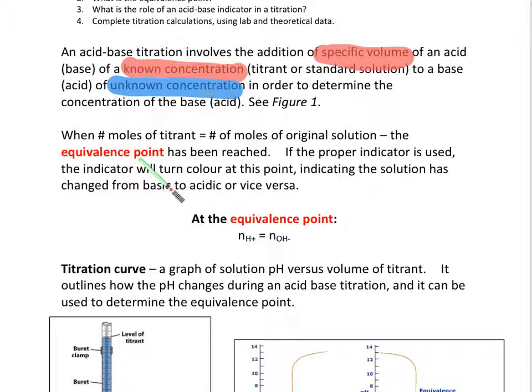You might be asking, what is the equivalence point? This is the point in the titration when the number of moles of acid is equal to the number of moles of base. So the equivalence point is where the number of moles of acid that I have added, in this case, would be equal to the number of moles of base that are present in the Erlenmeyer flask.